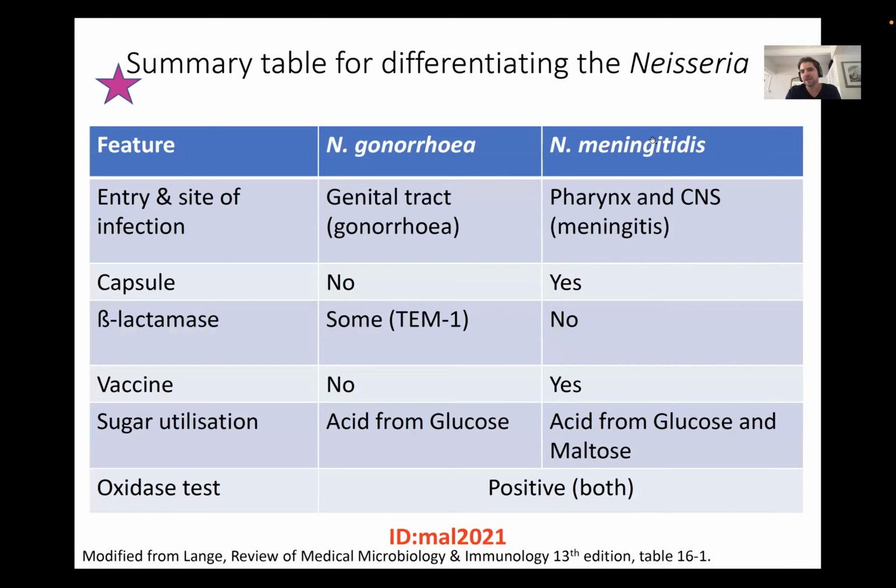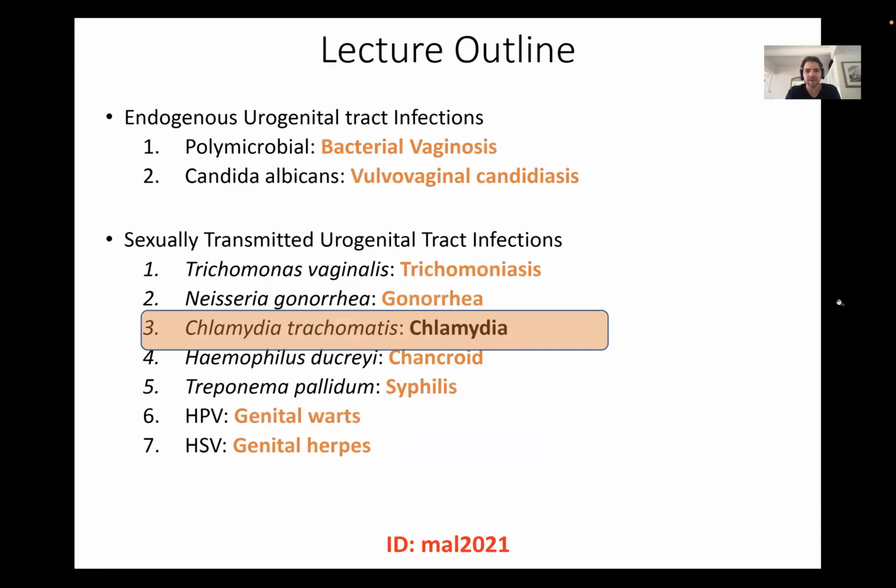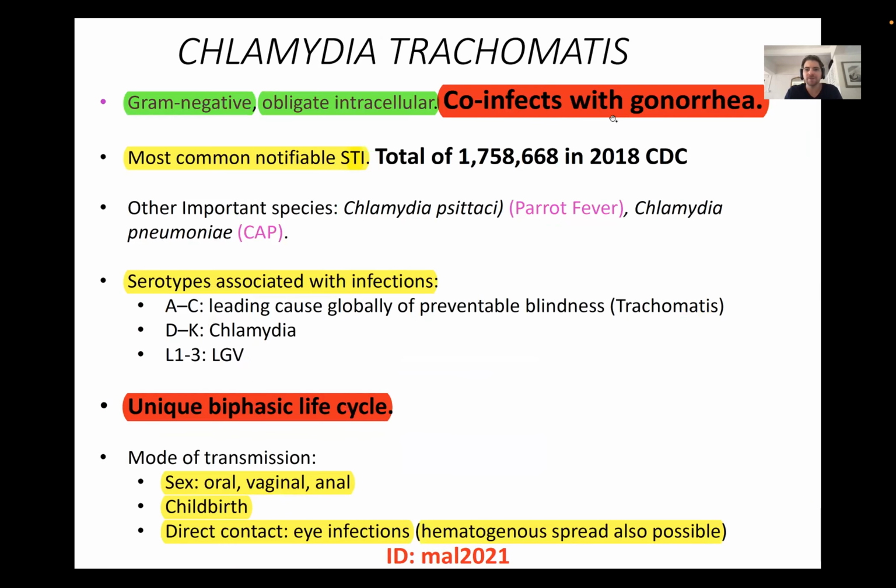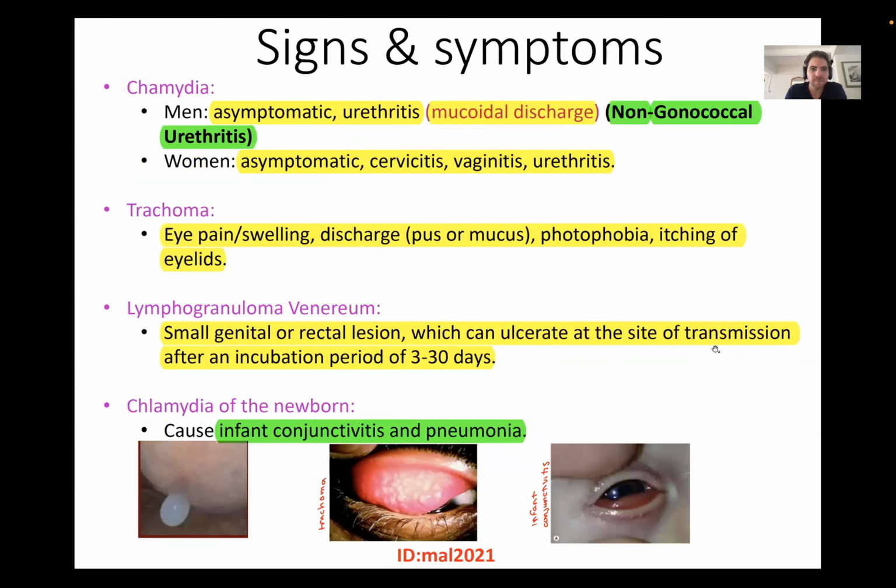Okay, and if you were to differentiate it from meningitis, but y'all are going to do that later. All right, again, chlamydia here will co-infect with gonorrhea. Chlamydia is gram-negative, intracellular. Like I said, they usually treat these together. It can actually lead to conjunctivitis in the infants if the mother's not treated.